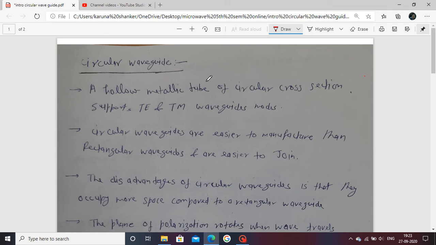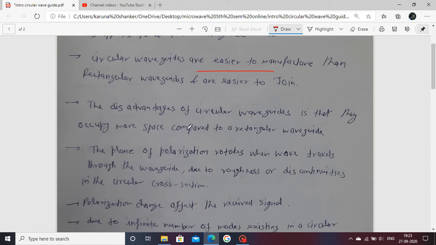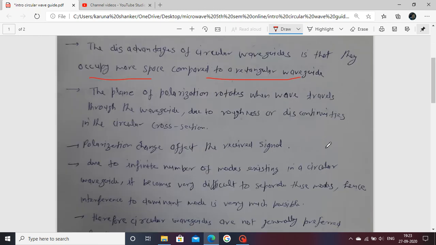If we go to a comparison of rectangular and circular: a circular waveguide is easier to manufacture than a rectangular waveguide. It is also easier to join one waveguide to another. One disadvantage of the circular waveguide is that it occupies more space as compared to the rectangular waveguide.